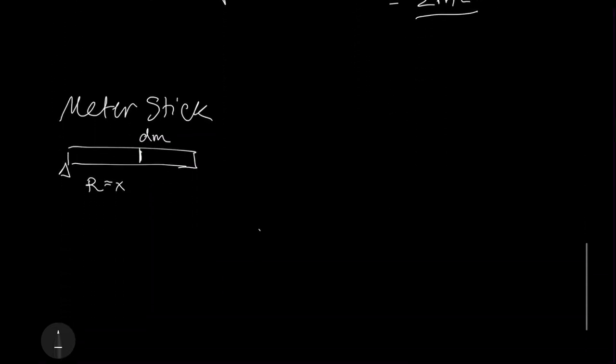So here we have a meter stick, and this fulcrum is at one edge of this meter stick. If we were to use I equals sigma mr squared in this scenario, it would not work, because you can't just take this entire m of the meter stick and say it's a distance r from the fulcrum.